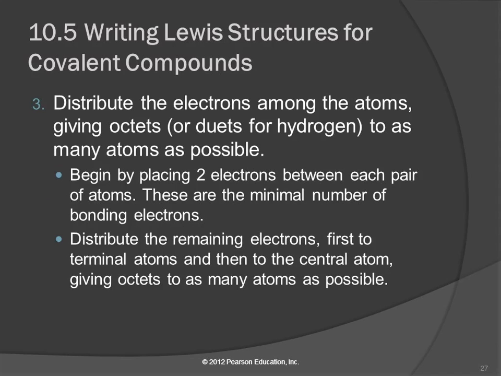If they're in a molecule, they must have at least a single bond with something else there. If there's no bond, it's not part of the molecule. So give each pair a shared bonding pair in between. And then start throwing the rest of the electrons around, trying to get 8 around everybody but hydrogen, and see what happens.